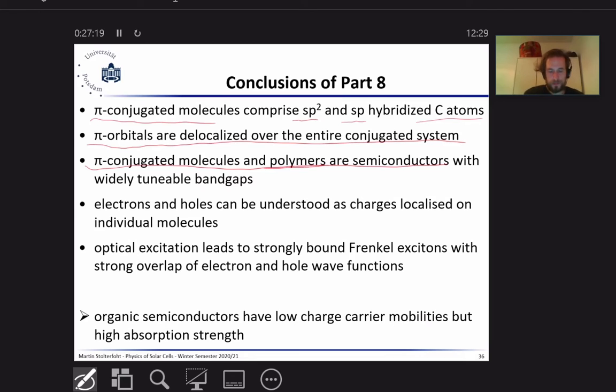And polymers have widely tunable band gaps. Electrons and holes can be understood as charges localized on individual molecules. So the charges remain strongly localized on one chain, and if the polymer is very long, then on one block. So this conjugation does not extend over the whole crystal. It's localized on the individual molecules.